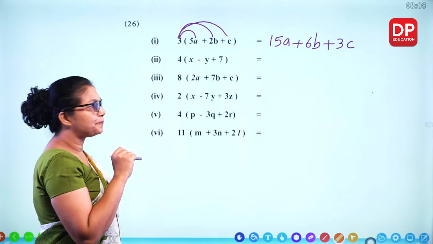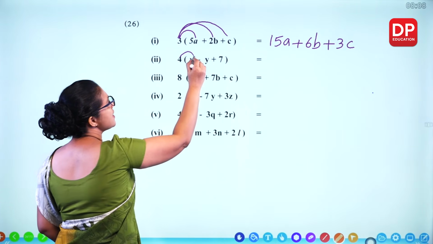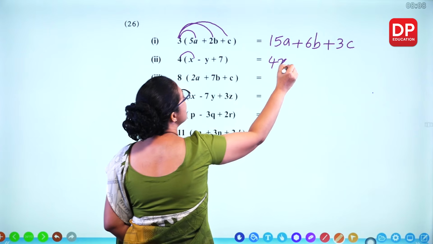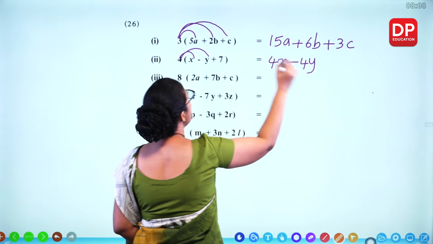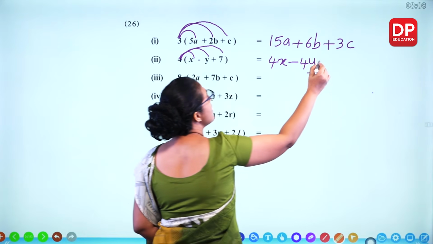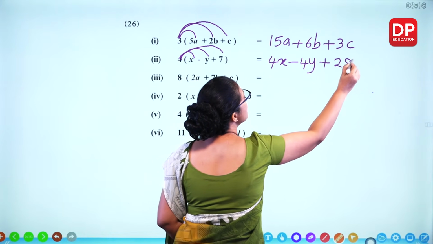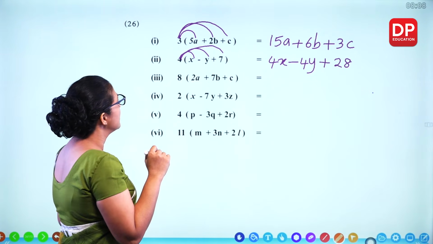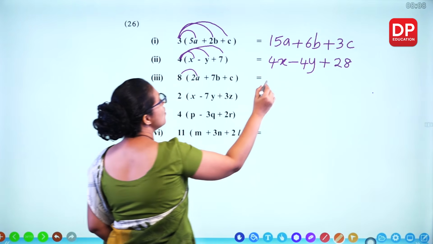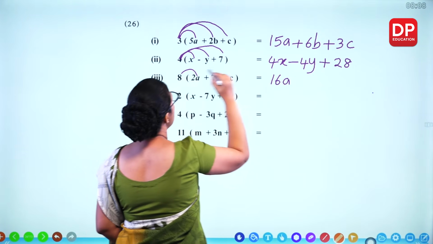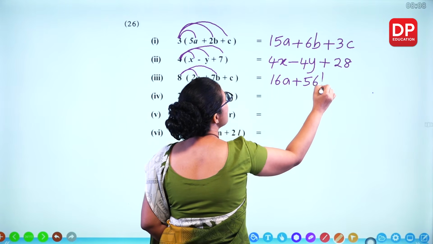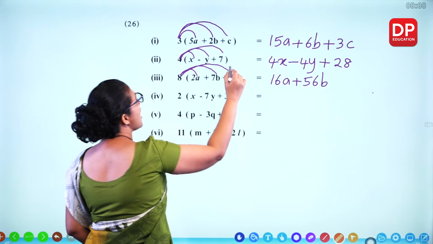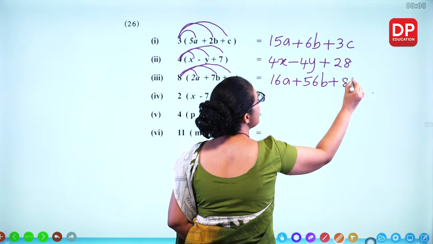Now do that. 4 times x, 4x. 4 times minus y, minus 4y. 4 times 7, that's plus 28. 8 times 2, 16a. 8 times 7, 56b. 8 times c, that's 8c.